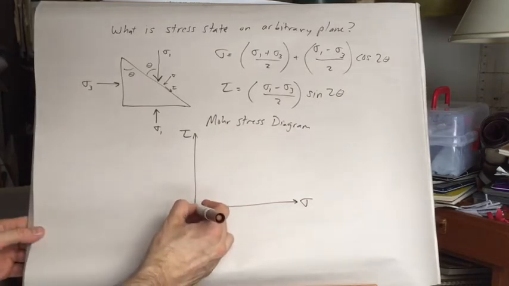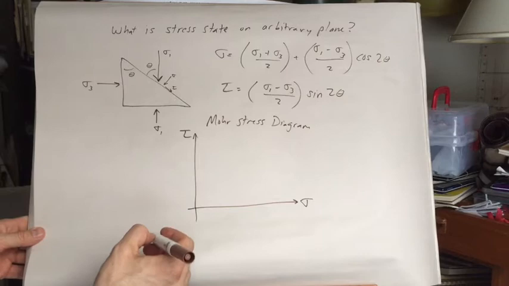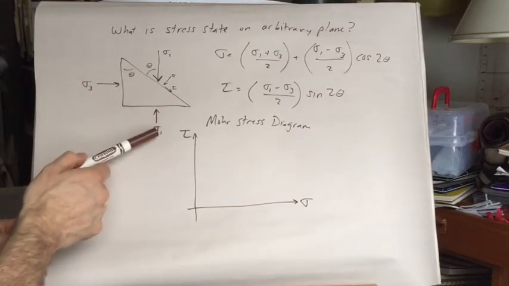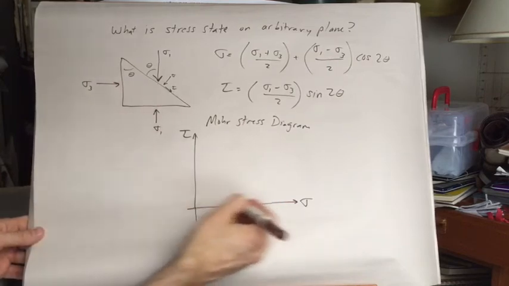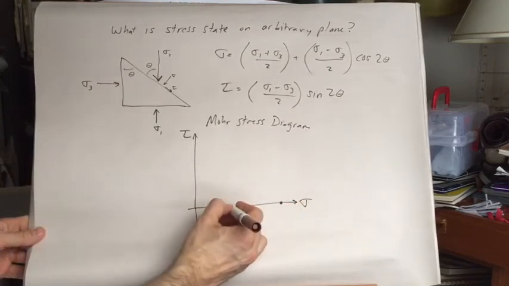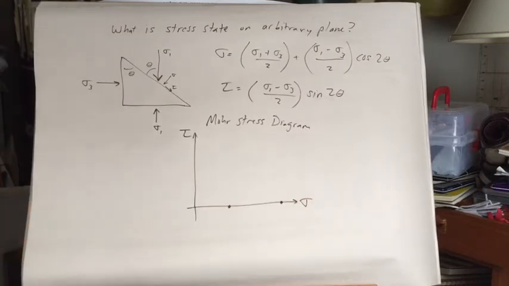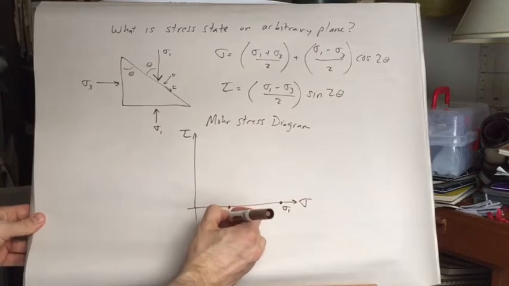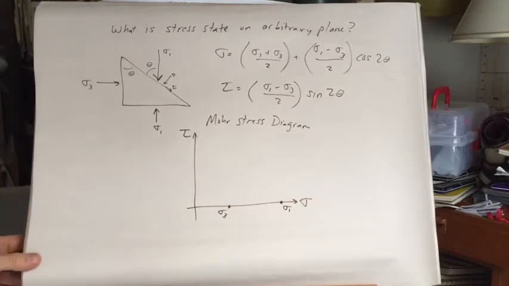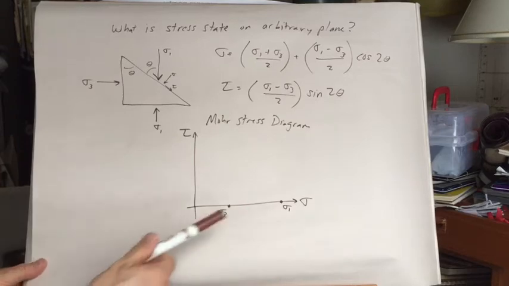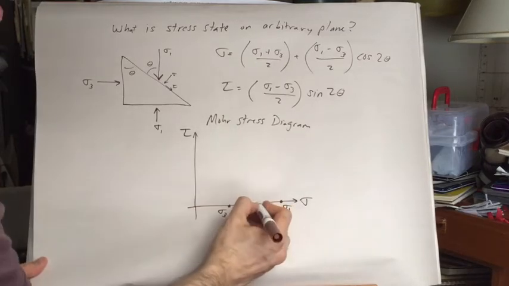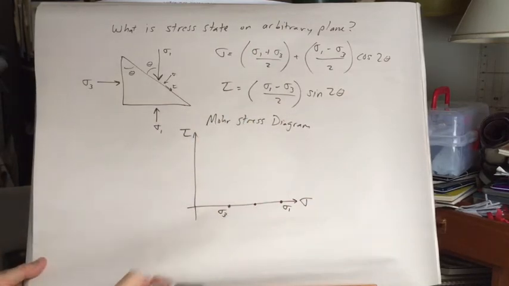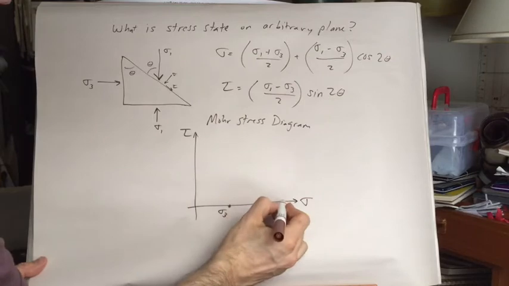Sigma 1 and sigma 3 are both at orientations where shear stress is 0, so they'll both plot on that axis. We've defined sigma 1 as being the larger one, so that'll be sigma 1 and that'll be sigma 3. The average of the two, sigma 1 plus sigma 3 over 2, will be in the middle. And these are the equations for a circle.